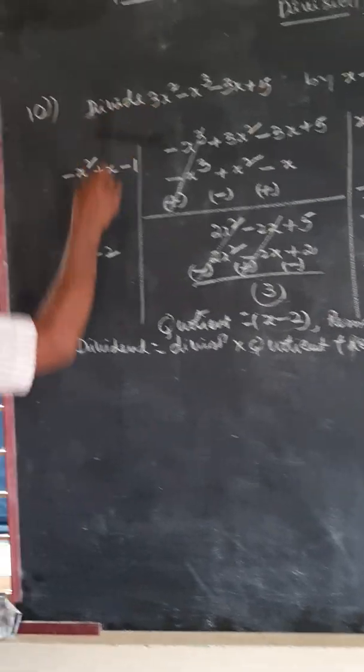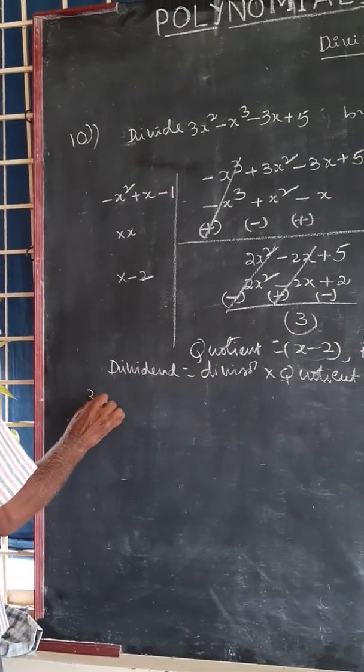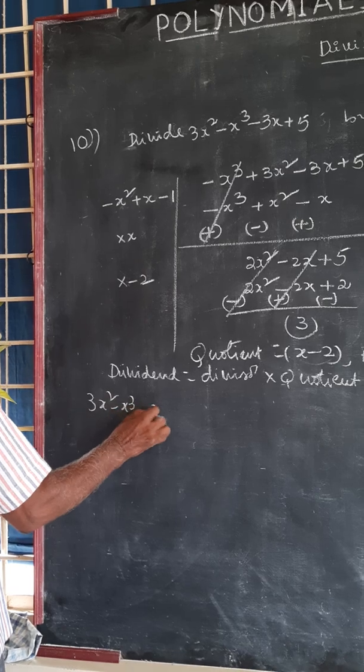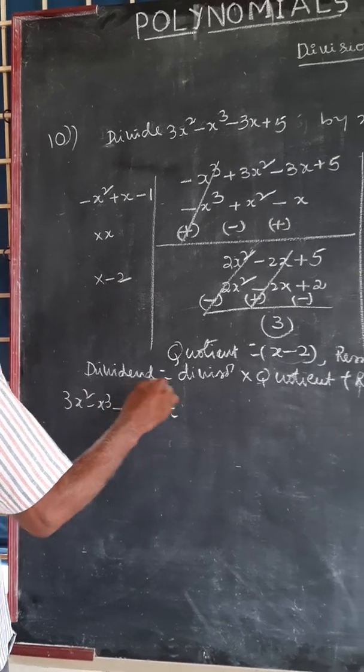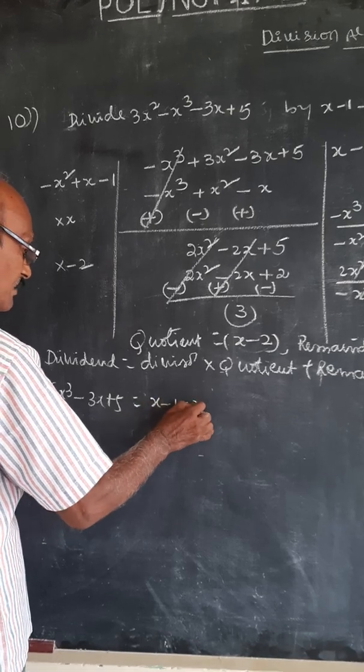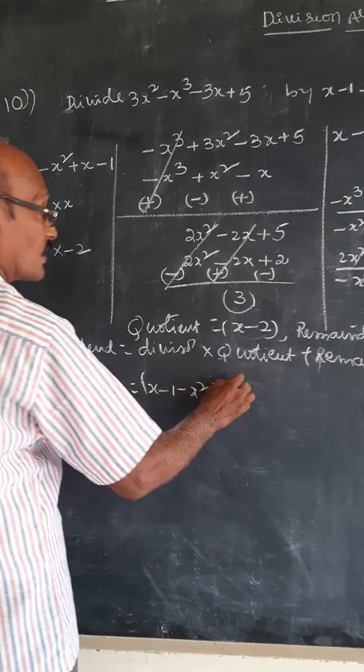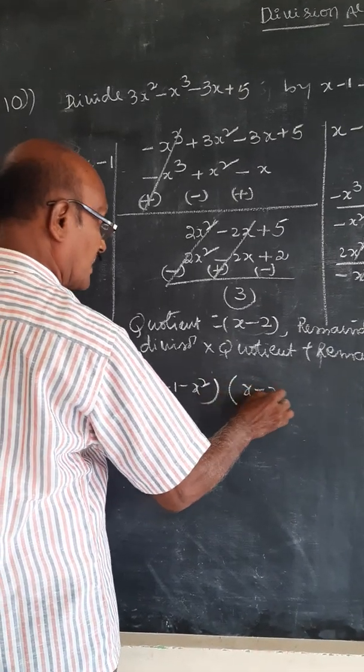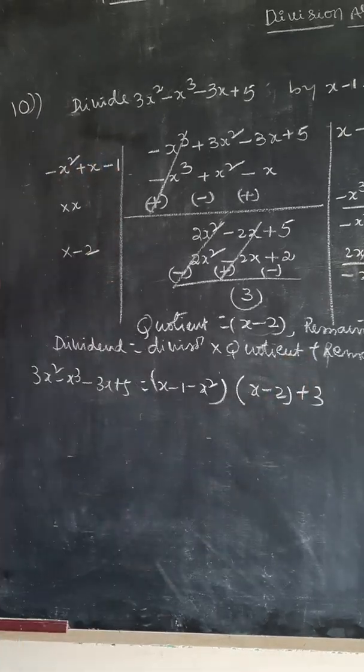So the dividend is the given polynomial 3x square minus x cube minus 3x plus 5, equal to divisor x minus 1 minus x square into quotient x minus 2, plus 3.